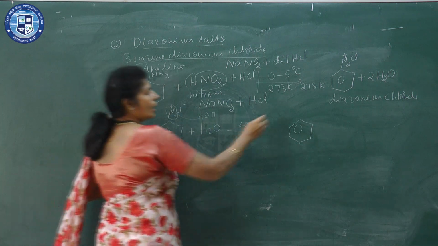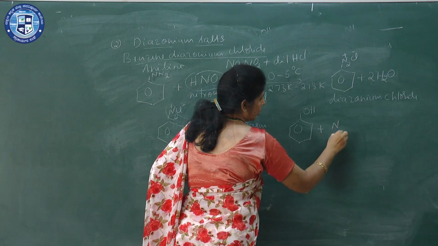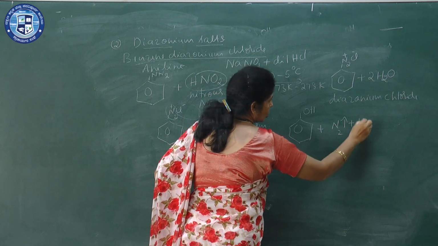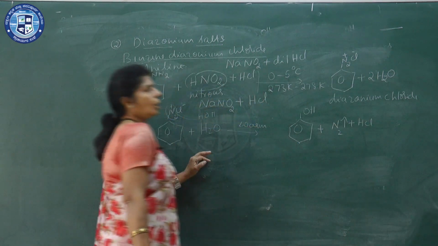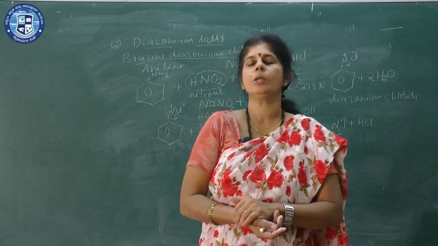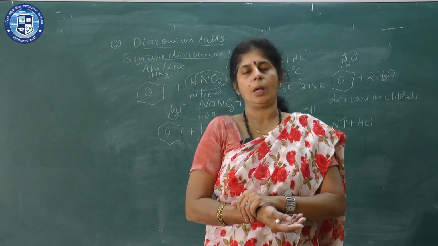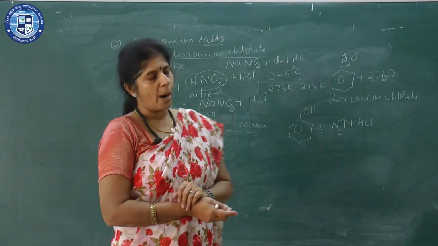It becomes a phenol. There will be liberation of nitrogen gas. Right? You get phenols. So this is a second method of preparation from aniline, and you may come across this again in the chapter on amines.